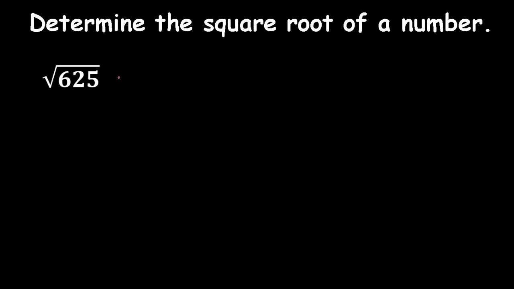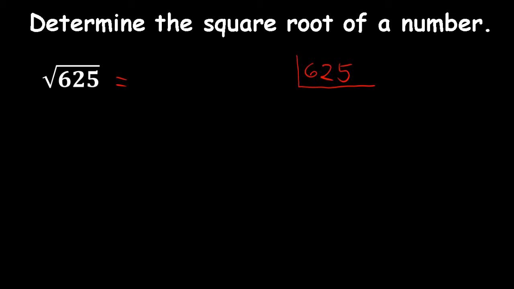We can do trial and error here, but it will take a long process. So we are going to use the long division method. 625 will be enclosed in our upside down division bar.